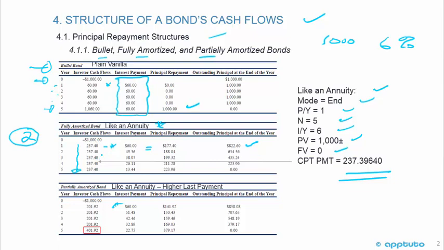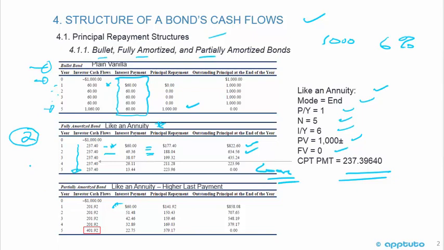The next year, you've got the same payment, 237.39, minus the interest, which equals the principal repayment. The principal at the beginning of the year minus the principal payment gives you the principal at the end of the year. That's just a loan amortization. We should be familiar with that and it should not be too difficult.